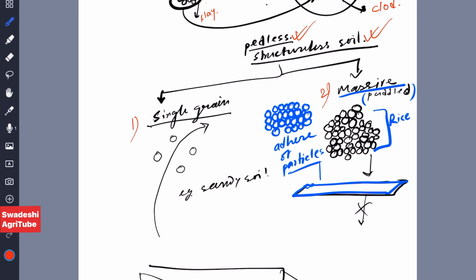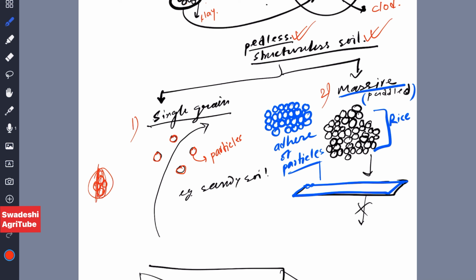What is the single grain soil? You can see this is a ped, this a ped, this a ped. That means they're not peds, sorry, I am very sorry, they're not peds, they're particles. They are not forming peds. That means they are not aggregating, there is no attachment between these particles, that's why there is no formation of the peds.